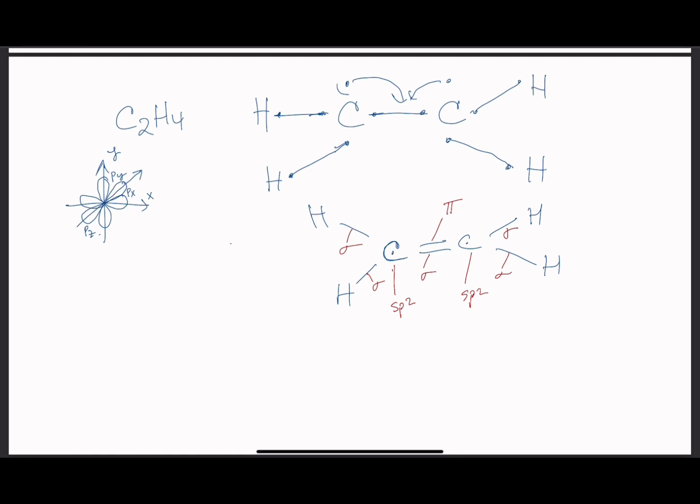We're gonna put the orbital shapes on them. So I got a carbon in here, and one of the hybrid orbitals looks like this, and the other one looks like this, and the other one looks like this. So these are sp2 orbitals, and then I have the other carbon, which is here. I'm talking about this carbon.